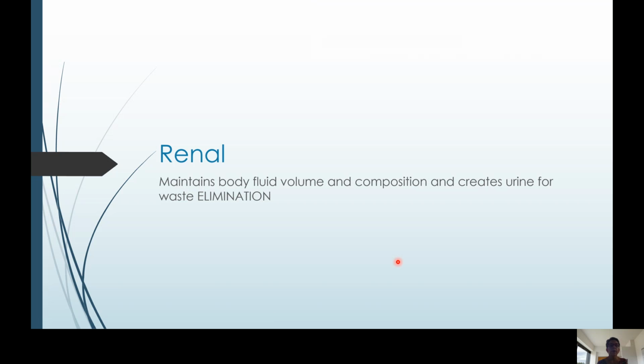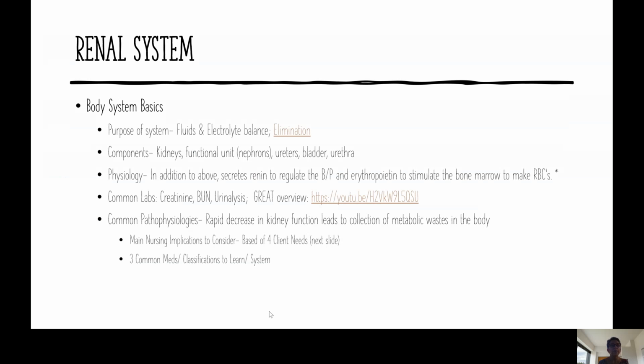So with the renal system, our goal here is to maintain body fluid volume and composition and create urine for waste elimination. Pretty basic, right? So as we said, that's sort of a nice overview of the purpose of the system.